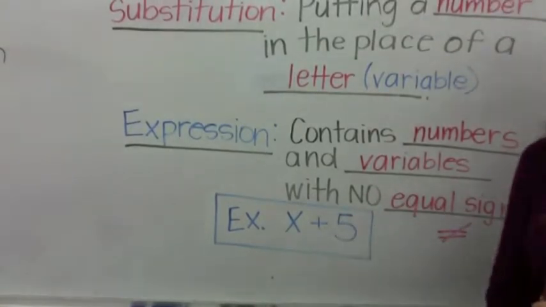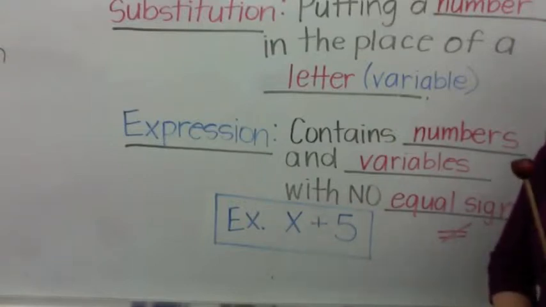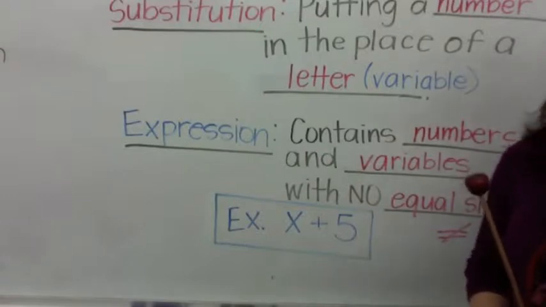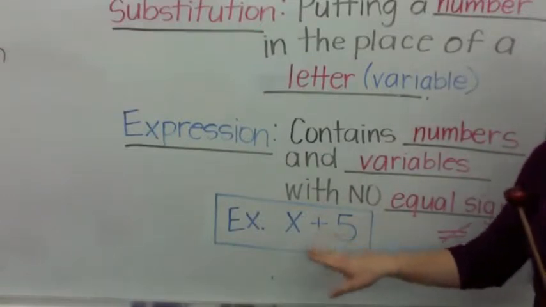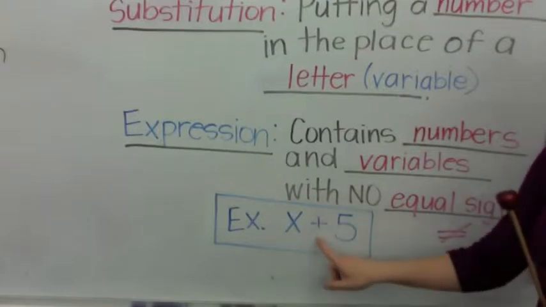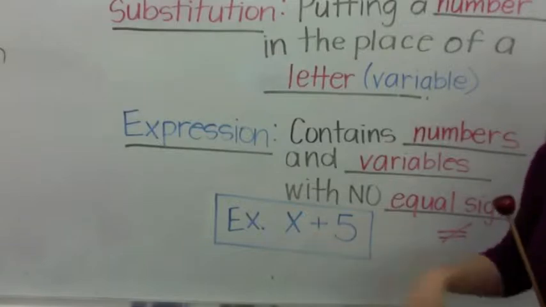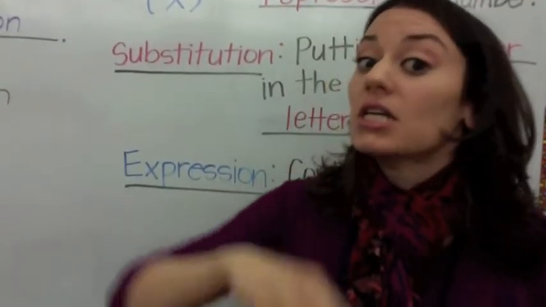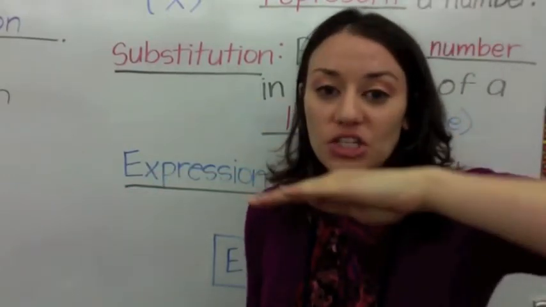This is an expression. The variable is x. The number is 5. And an expression will always have an operation between the variable and the number. The operation here is addition. Operations can be addition, subtraction, multiplication or division. Very good.